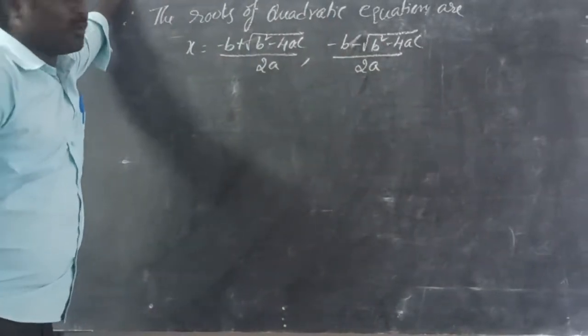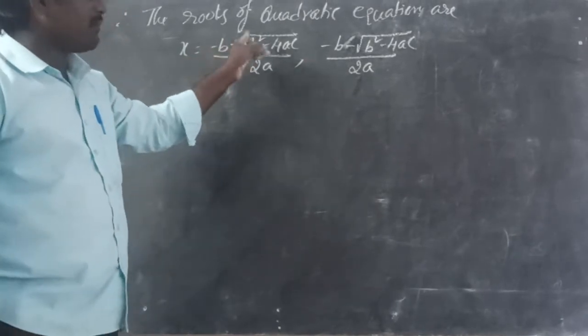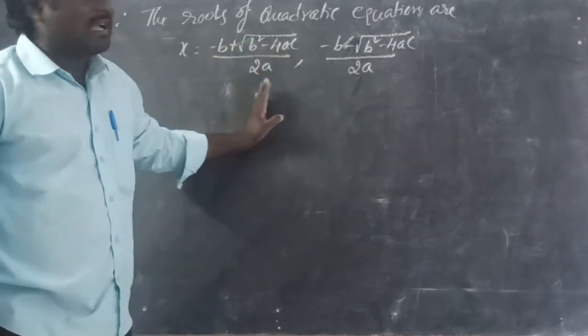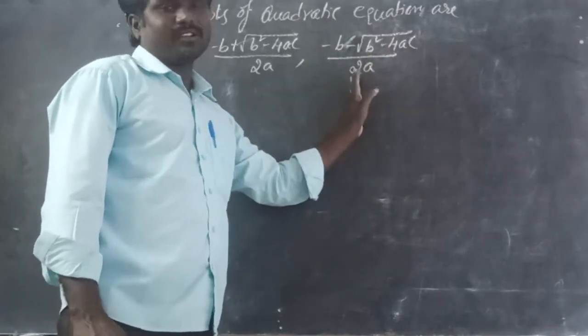So here these 2 are roots. One is minus b plus square root of b square minus 4ac by 2a. Another one is minus b minus square root of b square minus 4ac by 2a.